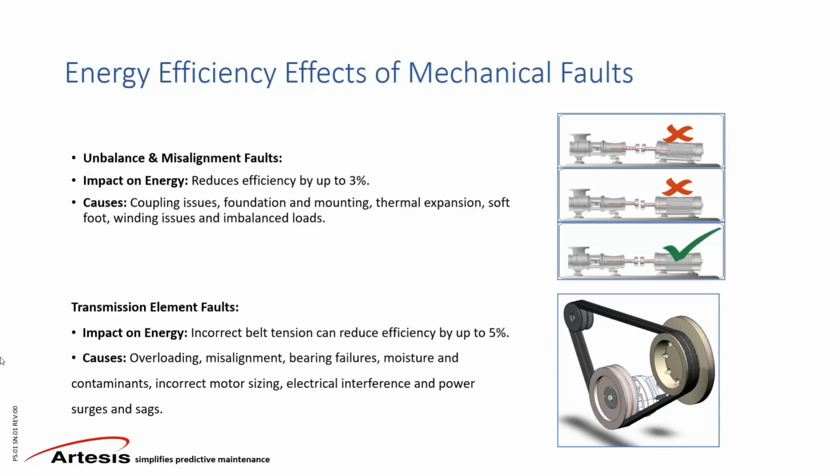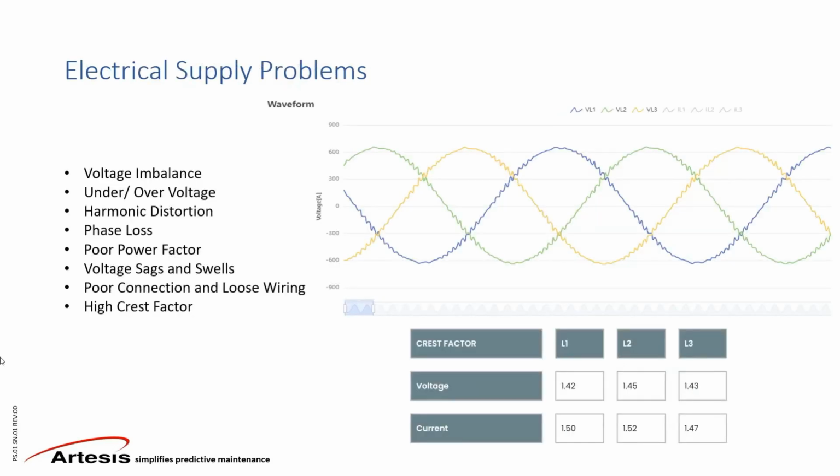So if you have issues with the belt, that energy will be lost even more, and that can be up to 5%. So that's significant loss, and so addressing these issues will become very important.